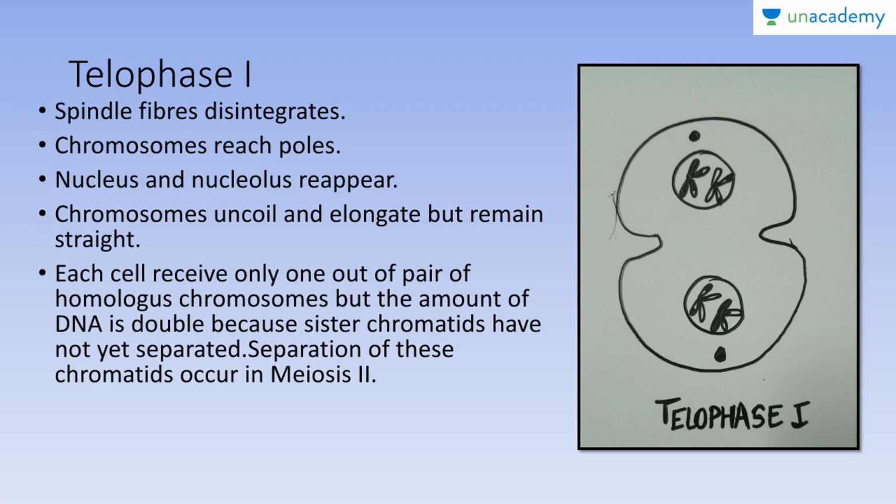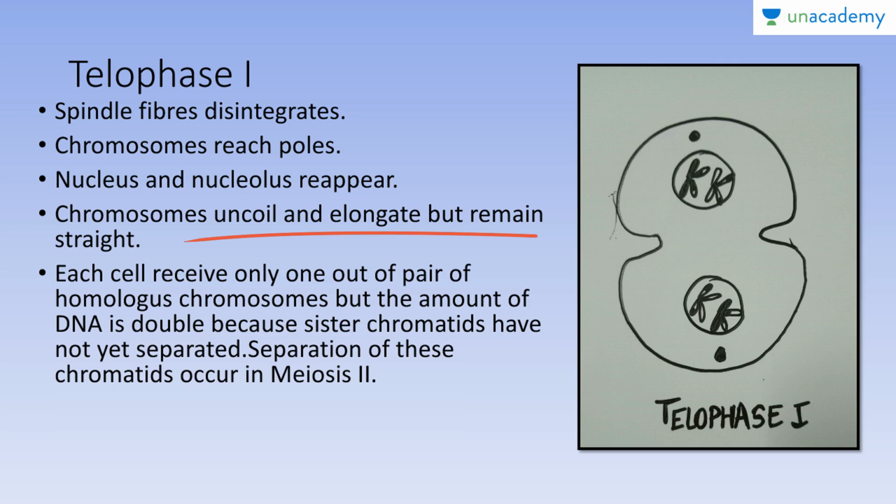Finally comes the telophase. Telophase is the terminal phase. Telo means end stage of meiosis 1. Here the spindle fiber completely disintegrates, the nucleus and the nuclear envelope start reforming, and the chromosomes uncoil and elongate.